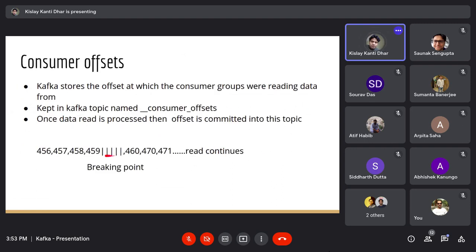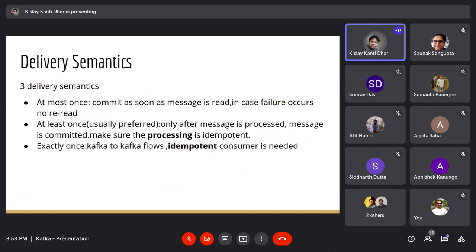For example, as soon as I read the data in offset 459, I haven't processed it yet, but I commit that I have read it. So before processing, in case the dependent service based on our consumer fails, it will not go back to 459 and fetch the data. So we are having a loss. It's risky. So this is at most once.